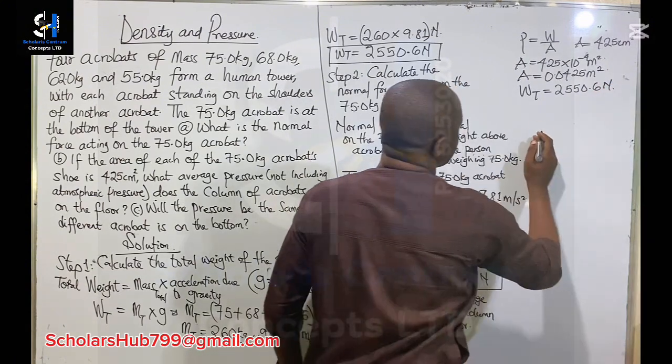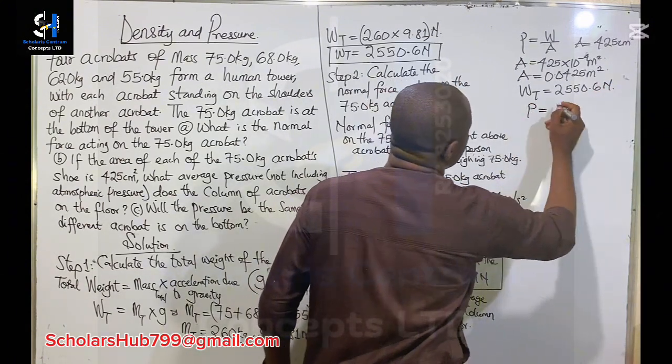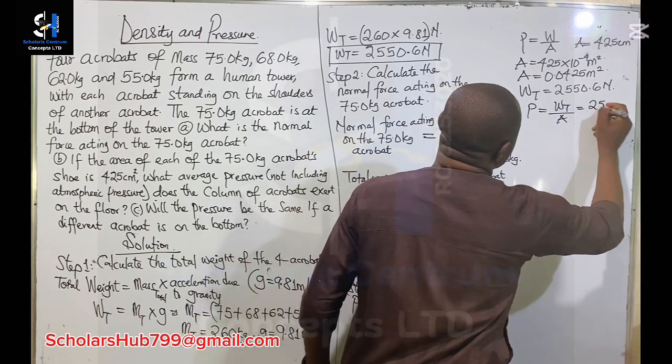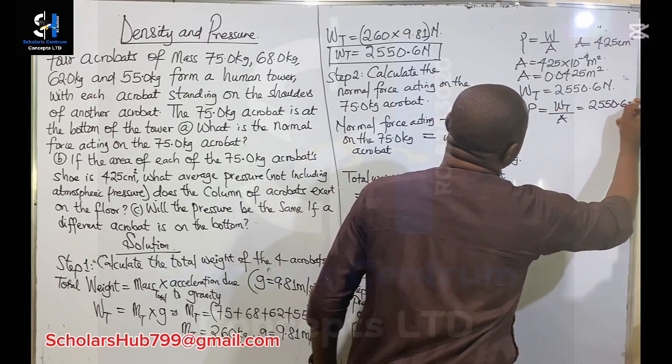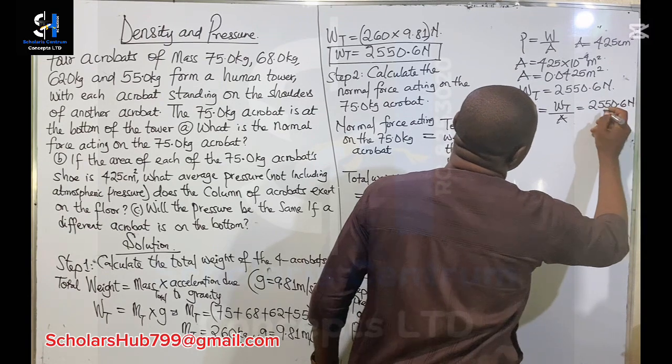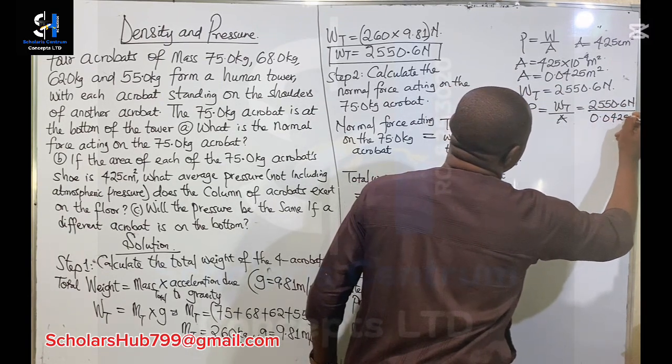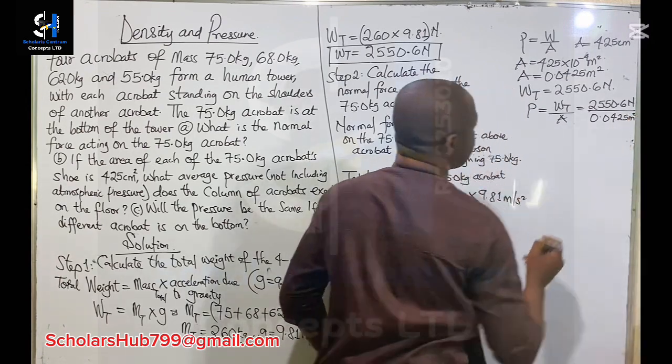Now we know that the total weight here is 2550.6 Newton. The pressure will now be the total weight over area, which will be 2550.6 Newton over 0.0425 square meters.